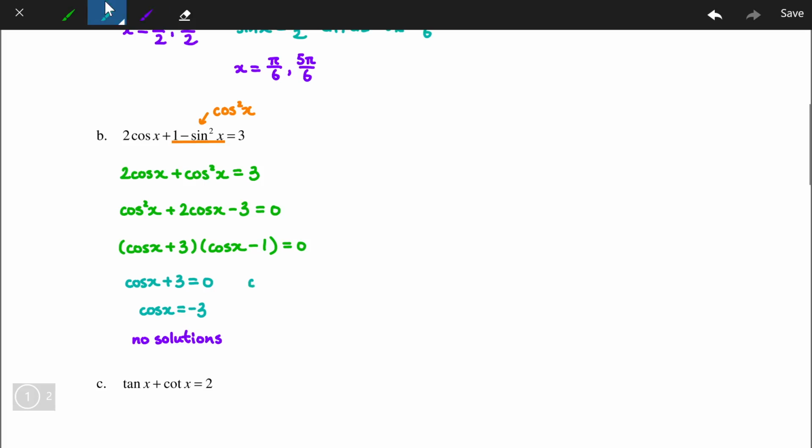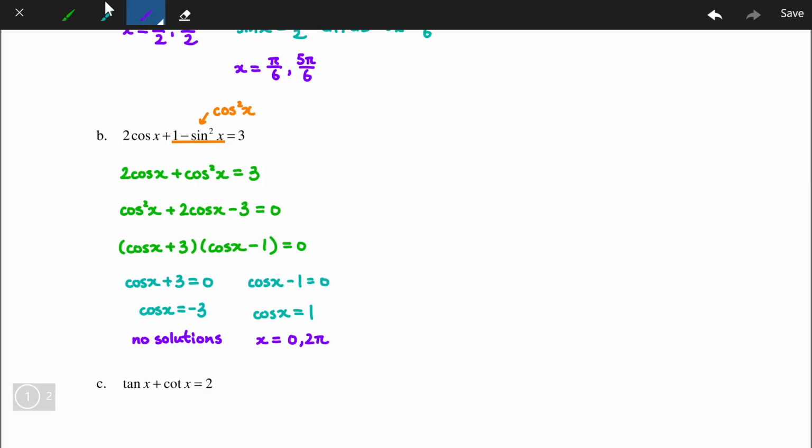On the other side, we have cosine x minus 1 is equal to 0, which means cosine x is equal to 1, and that only happens when x is equal to 0 or 2 pi. And that's it.